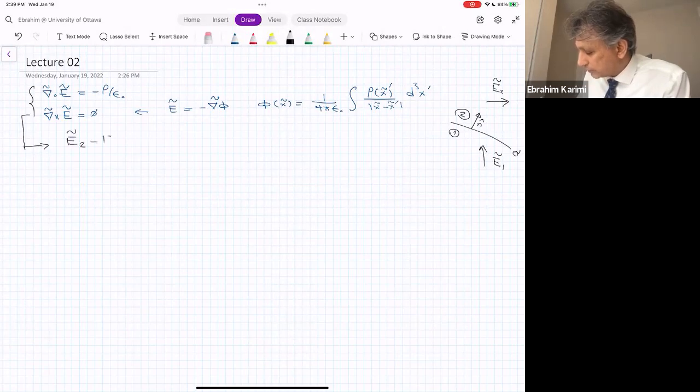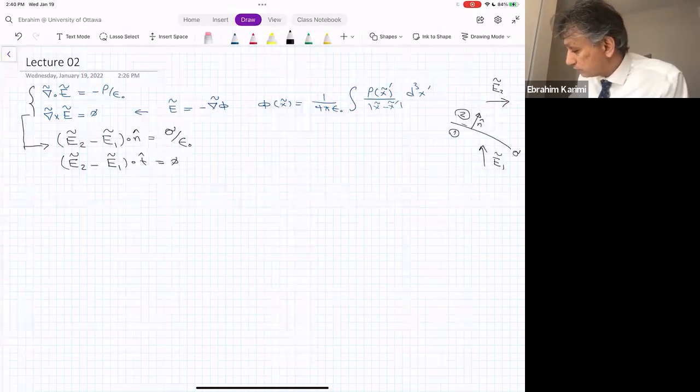From the above equations we find that for the divergence term, E2 minus E1 dotted with the normal vector is given by sigma divided by epsilon naught, and from the curl equation, E2 minus E1 tangent will be equal to 0.